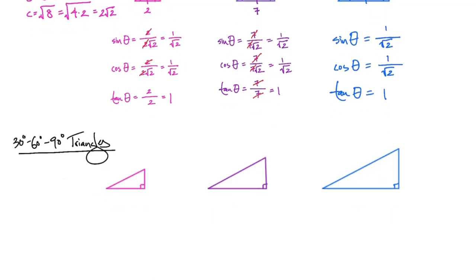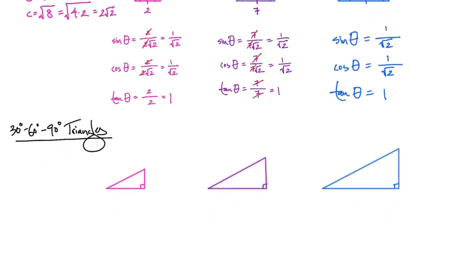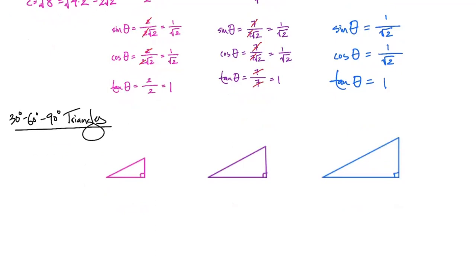We're going to do the same exercise here where we have 3 triangles. They're all different sizes, but the angles inside the triangles are actually all the same.